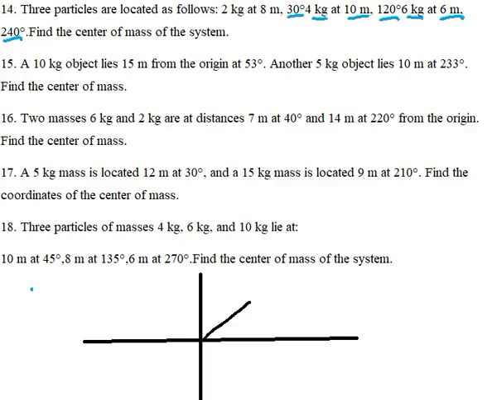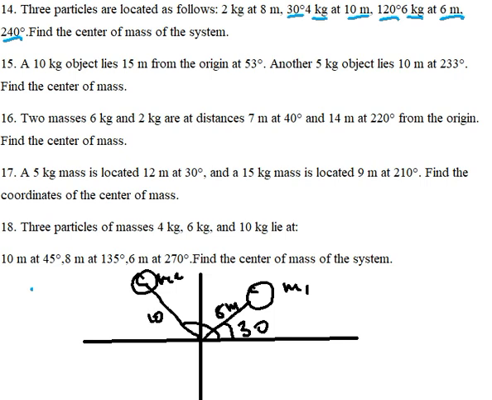This is the object of mass 1, at 30 degrees, and the distance from the origin is 8 meters. We should resolve that one. The object 2, at 120 degrees, means we're talking about this, in the second quadrant. That is the object of mass 2, and the distance is given as 10 meters.